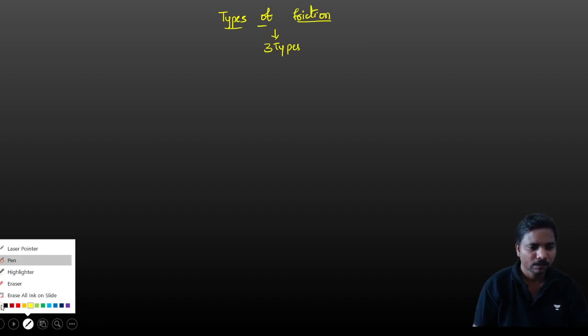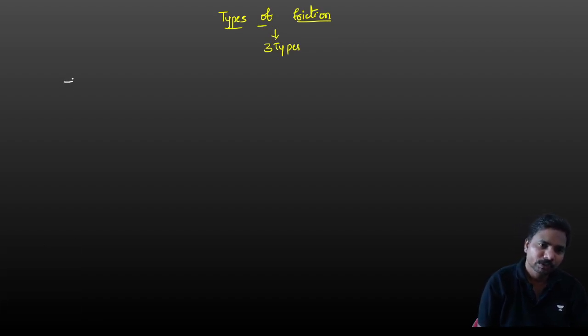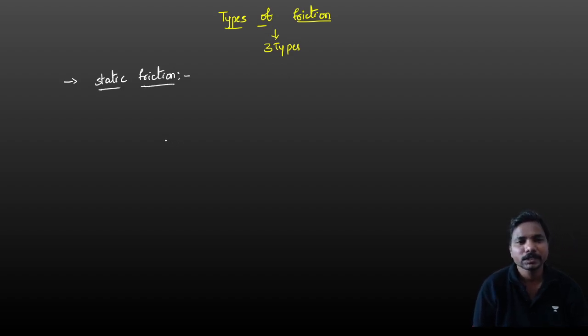We have three types of friction. What are those? Static, dynamic, rolling. Okay. First one, static friction. Static friction means the friction which acts at the time of starting, or at the time of rest.